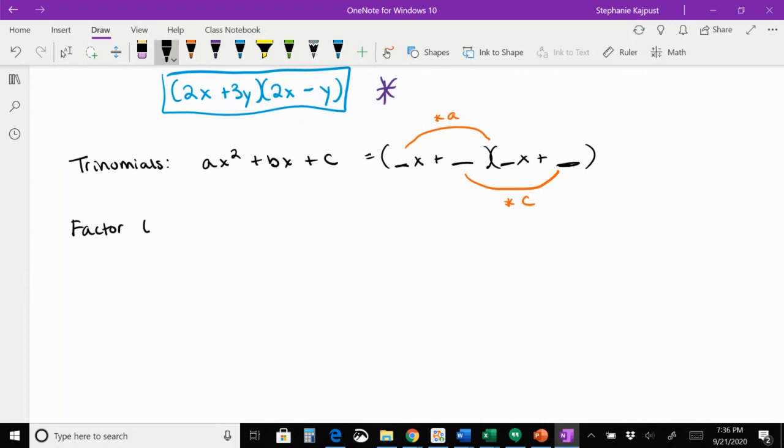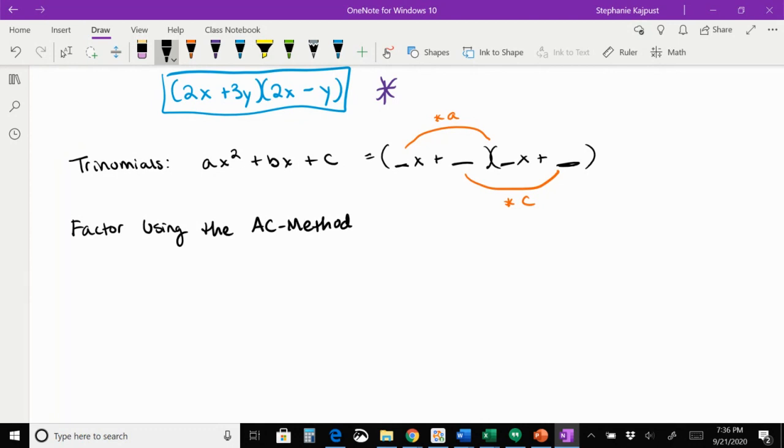So we're going to factor using the AC method. And often I'll say we are factoring by grouping because that's essentially what we are going to do. We don't have 4 things to do grouping, so we force it to have 4 things, and then we do the grouping process.